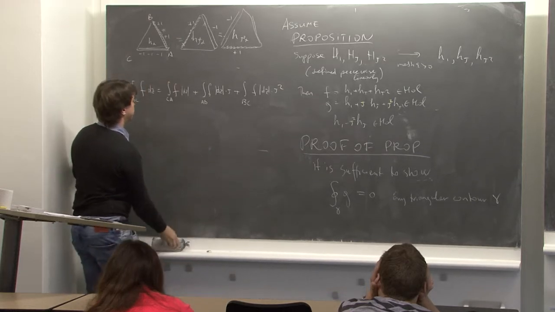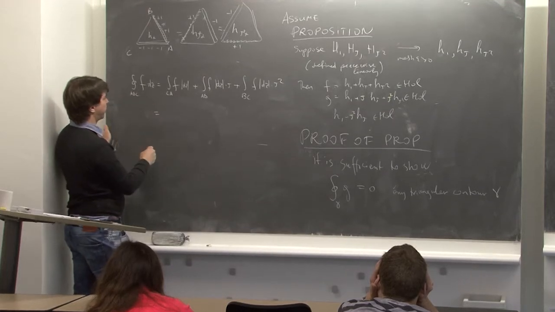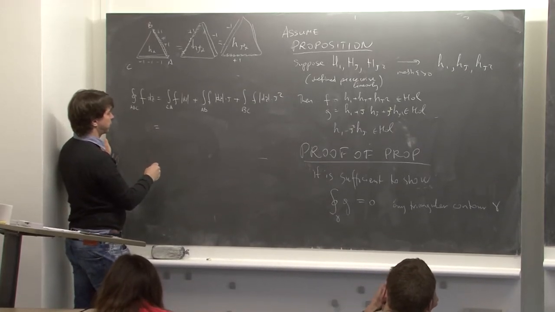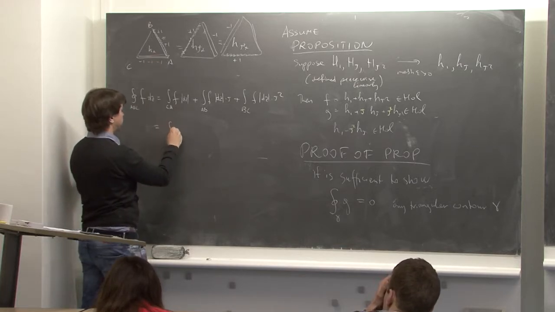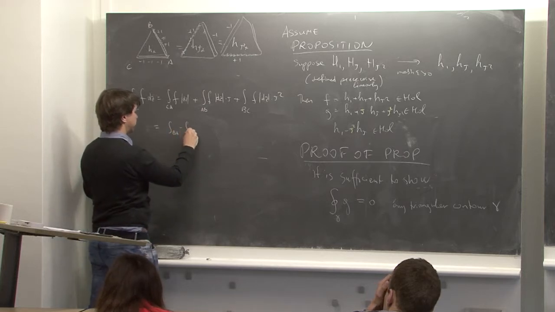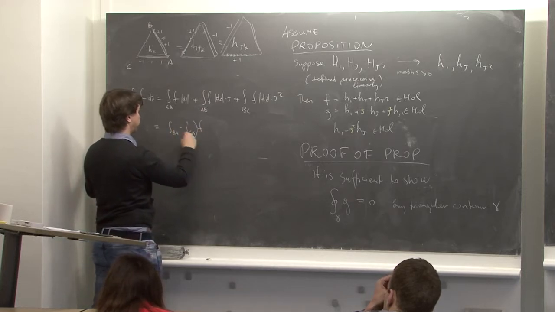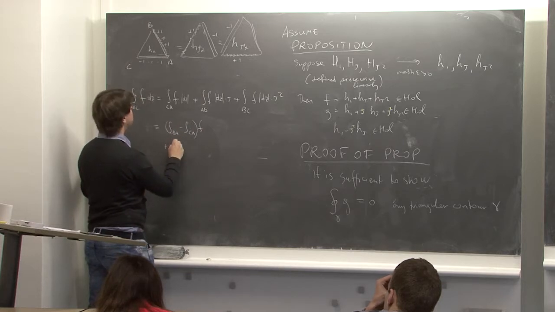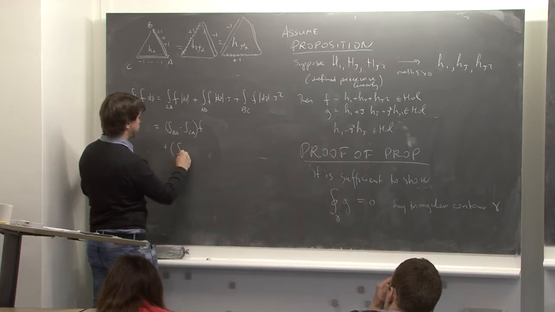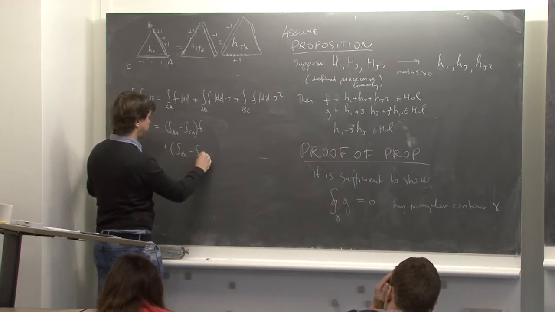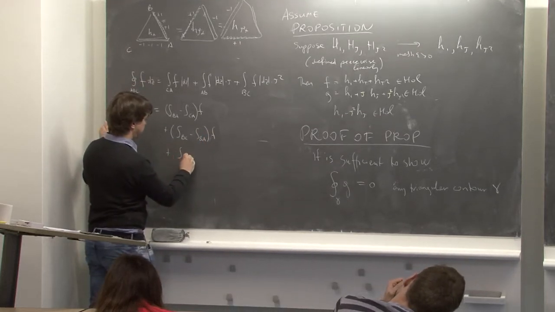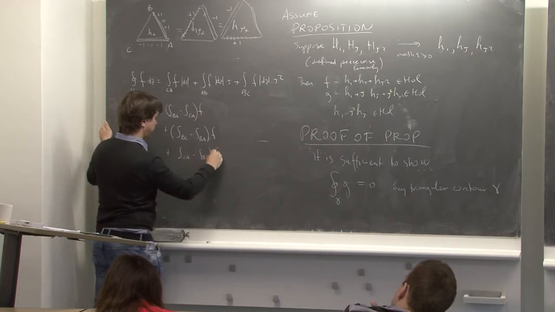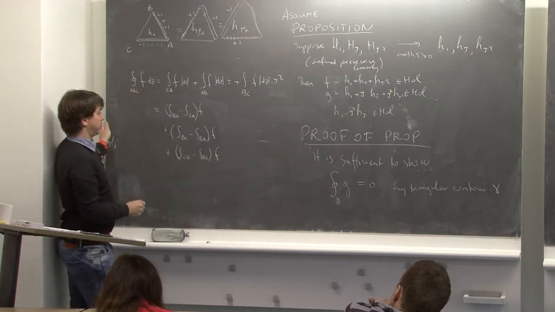Maybe I'll just write it in the following way, as such a sum: the integral over BA minus the integral over CA of f, plus, let me write it symmetrically, the integral over BC minus the integral over BA of f, plus the integral over CA minus the integral over BC of f, with coefficients.